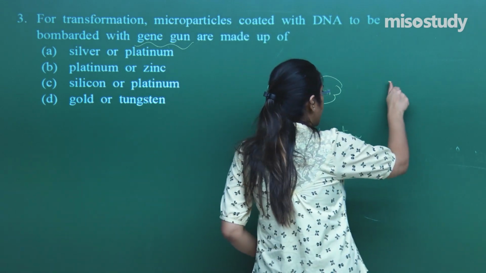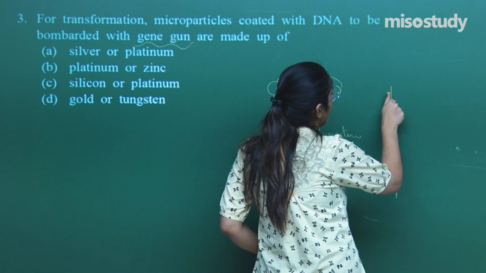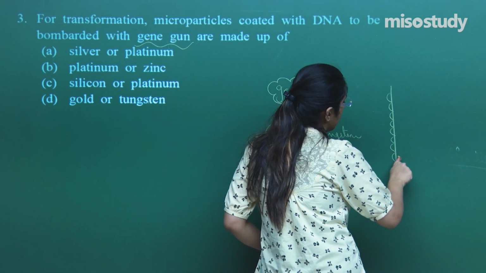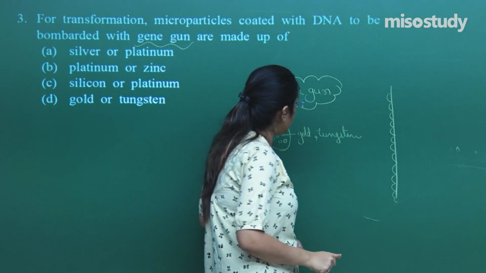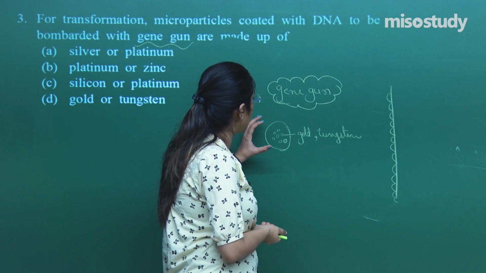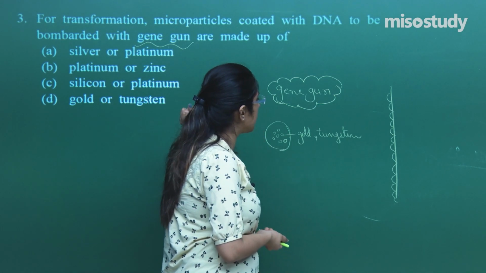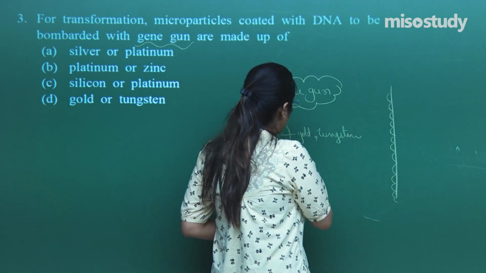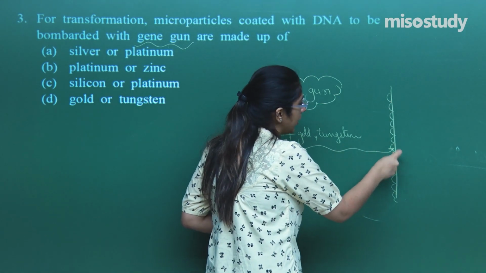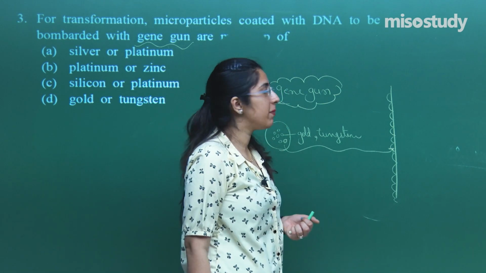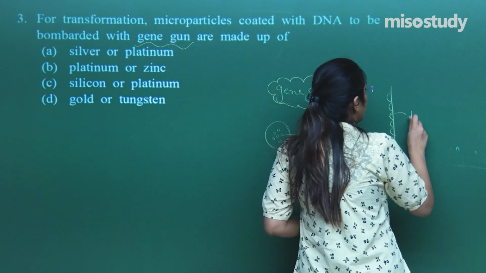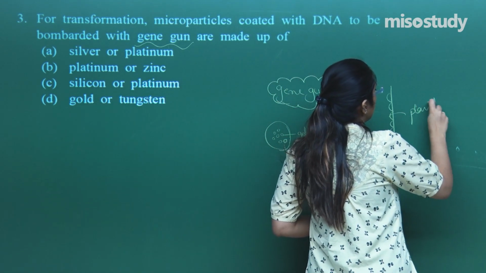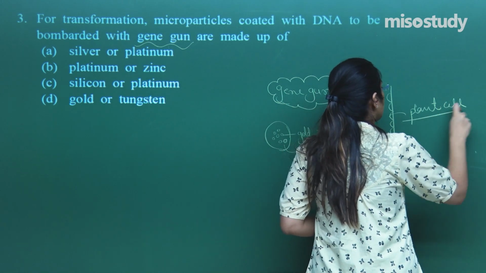What I have over here is a monolayer of cells like this. With the help of the gene gun, I target the particles at a very high speed, and those particles can enter such cells, basically plant cells, which are used for this transformation experiment.